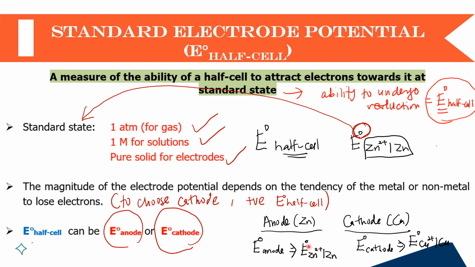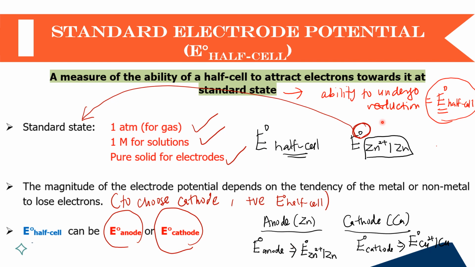We will discuss this more in the next video when we start doing the simple calculation for finding the E0 cell. But for now, we just need to understand the standard electrode potential: the ability of that particular half cell to undergo reduction.